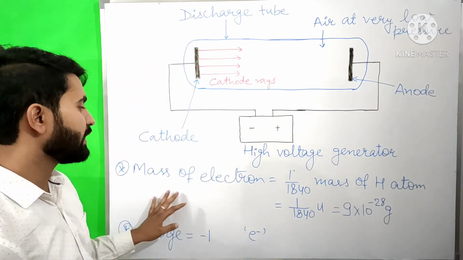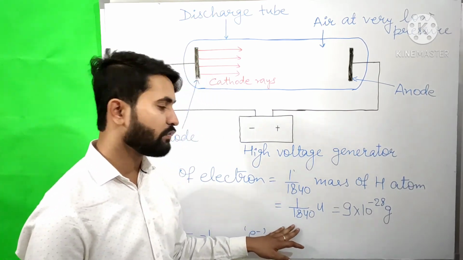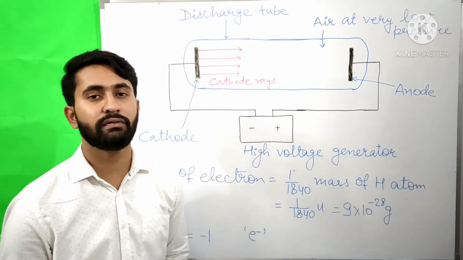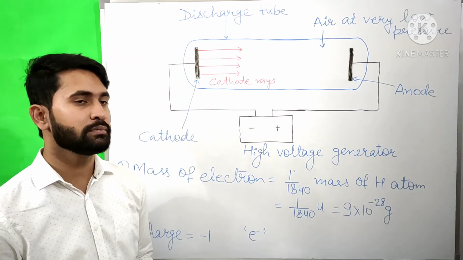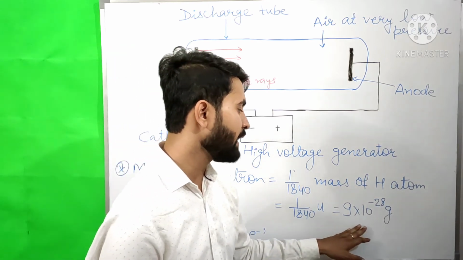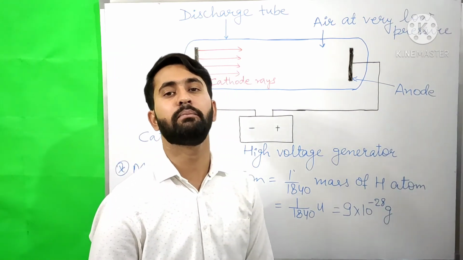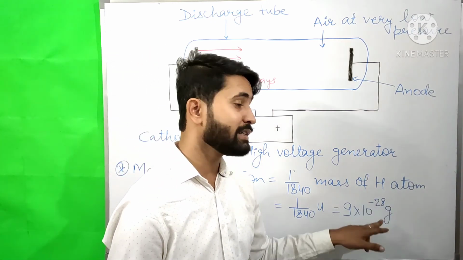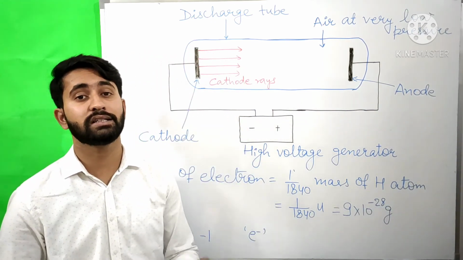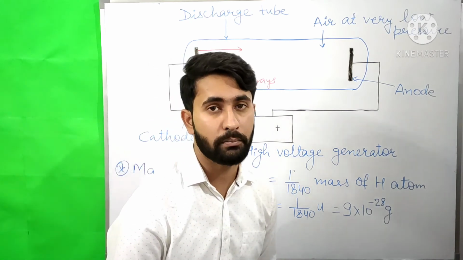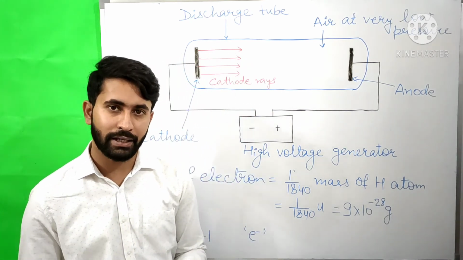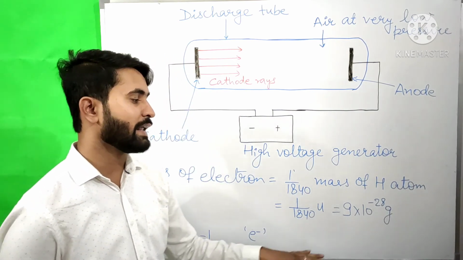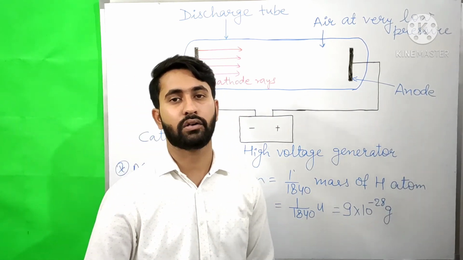So the mass of the electron will be 1 upon 1840 u. If we convert it into grams, it will be 9 into 10 to the power minus 28 gram. So it is a very small mass and it can be neglected. Whenever we do any calculation, we neglect the mass of the electron.